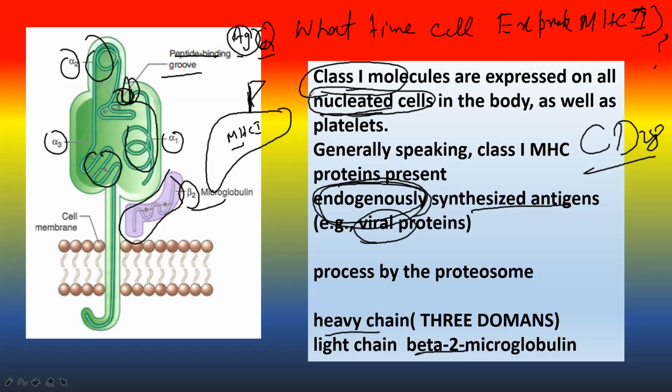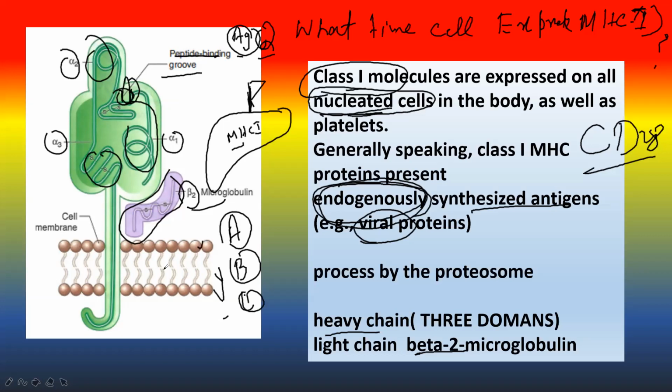Okay, so what is the structure of MHC1, what is the location of MHC1, and what is the way of MHC1 for presentation? There are three things we've done. What are the genes of MHC1? HLA-A, HLA-B, HLA-C. Human leukocyte antigen A, B, C: these are the three genes for MHC1.